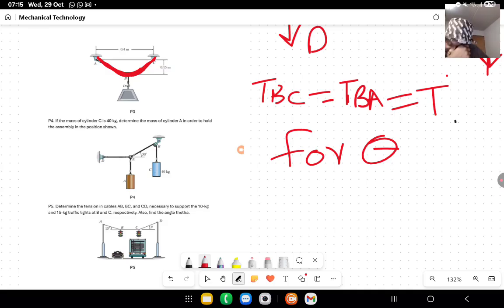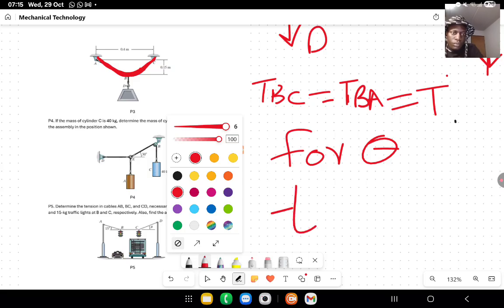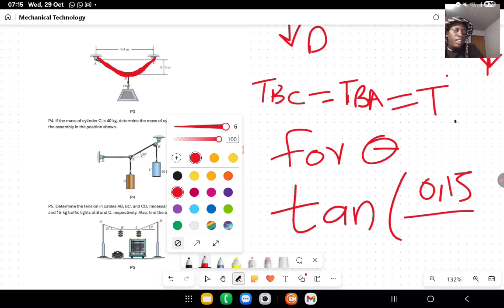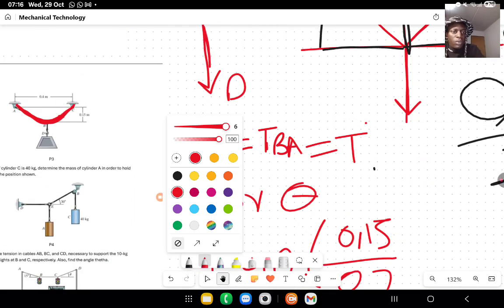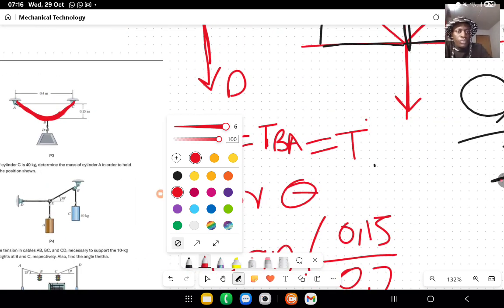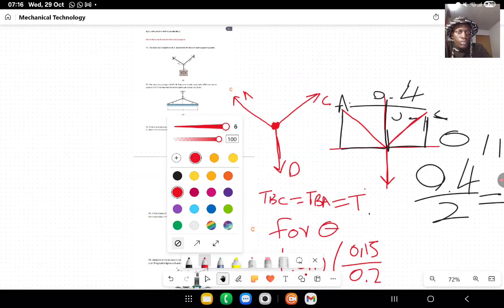We know that tan is 0.15 divided by 0.2. Therefore, we use our calculator.